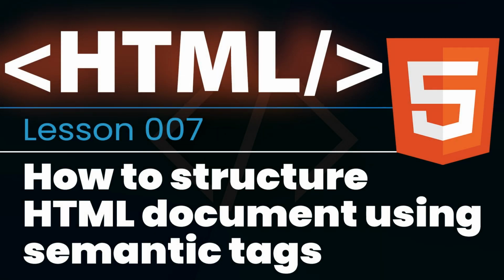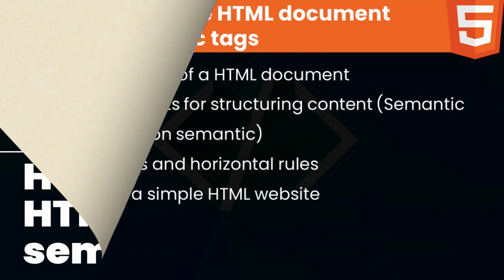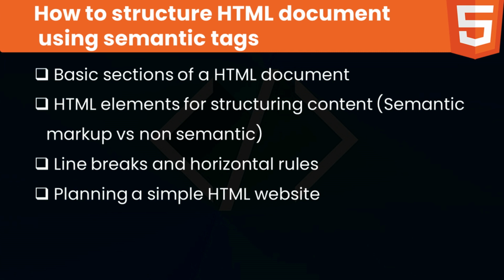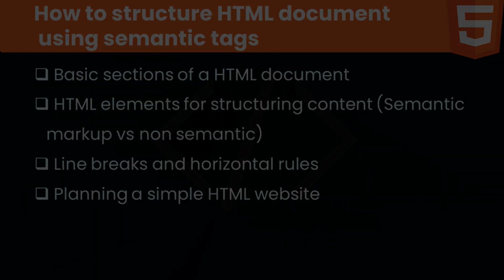In lesson 7, we'll learn how to structure an HTML document using semantic tags: the basic sections of an HTML document, HTML elements for structuring content, semantic versus non-semantic, line breaks, horizontal rules, and also look at planning a simple HTML website.